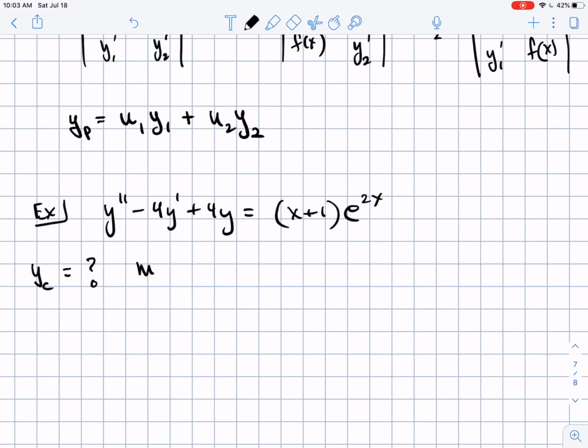So you go back to 4.3, and we get m squared minus 4m plus 4 equals 0. You do this as a homogeneous equation, so here you get m minus 2, m minus 2. Here we have a repeat.